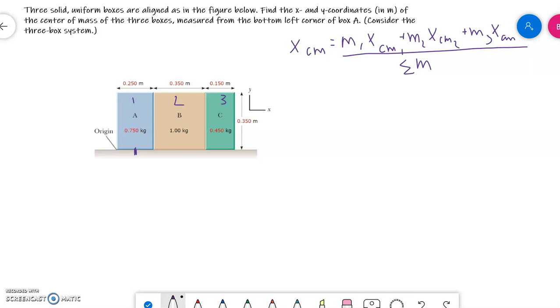So the center of mass for box 1 would be halfway of the 0.25 meters (0.25 divided by 2). 0.125 meters is the location on the x-coordinate of the center of mass of block 1.